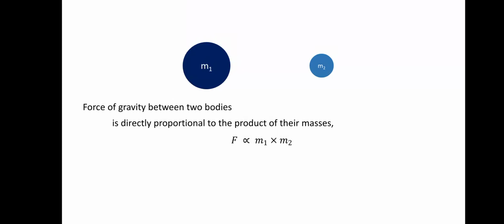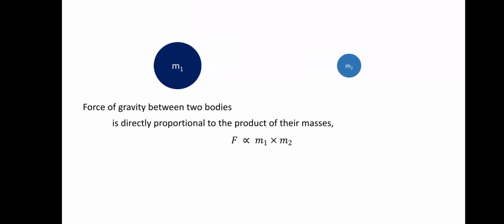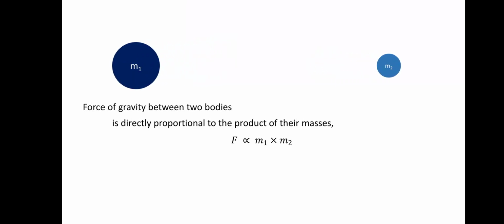Again, the force of gravity will also depend upon the distance between the two bodies. If the two bodies are at a distance r away from each other, then there will be a certain amount of force of gravity between the two bodies. But if the distance between the bodies is increased, then the force between the two bodies will decrease.